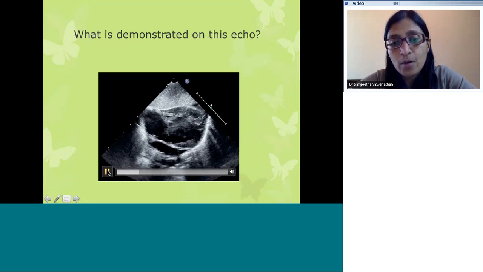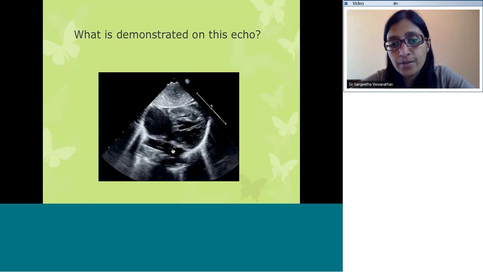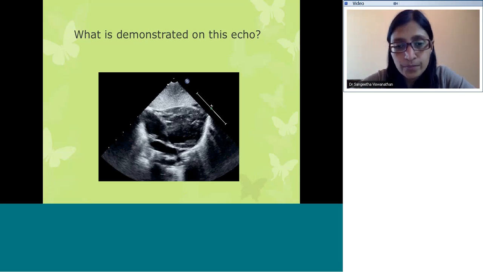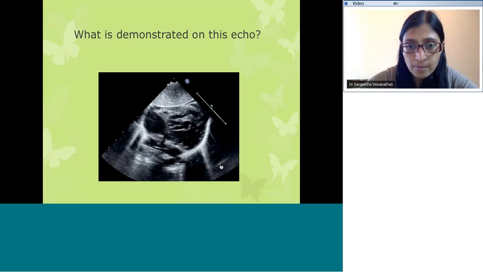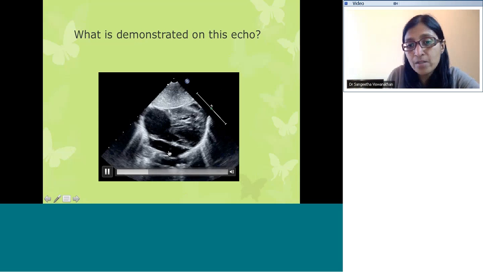Okay, so this is a subcostal view. What am I showing you here? Where my pointer is. If I can find my pointer. Correct. This is the pulmonary venous confluence, which is posterior to the atrium.